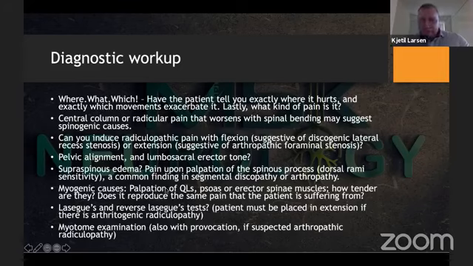Myogenic causes, palpation. First of all, if the pain is central, it's usually spinogenic, not always, but usually. If the pain is peripheral, there's a greater likelihood that this may be myogenic. Palpation of the QL, psoas, erector spinae muscles, how tender are they? And importantly, ask the patient questions. Does it reproduce the same pain that you're suffering from?